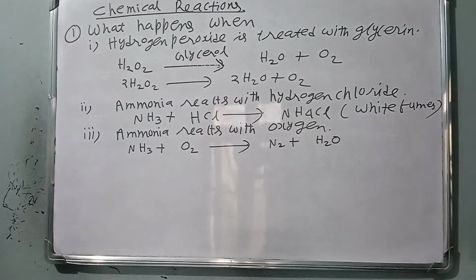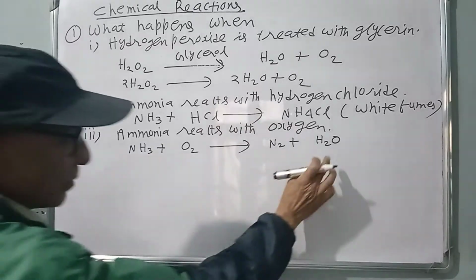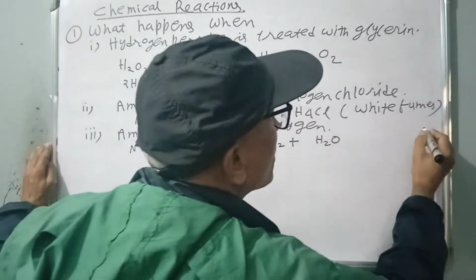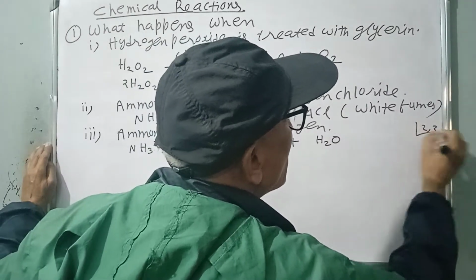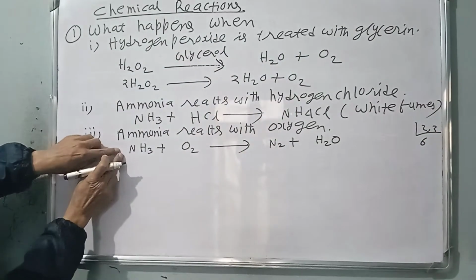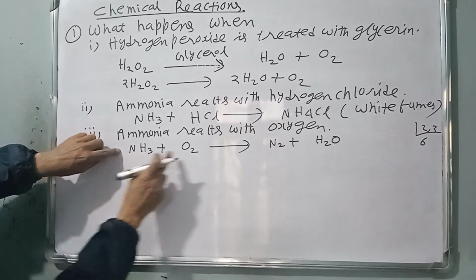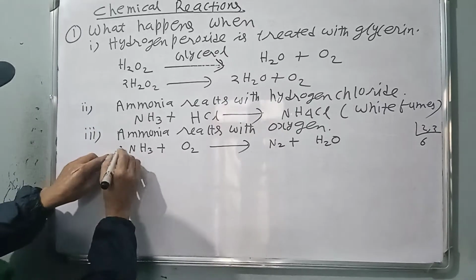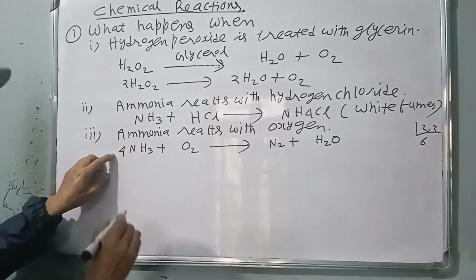You should balance. There is 3, there is 2. The LCM of 2 and 3 is 6. But if you write 2 here, it becomes odd number, so double of 2 is 4.